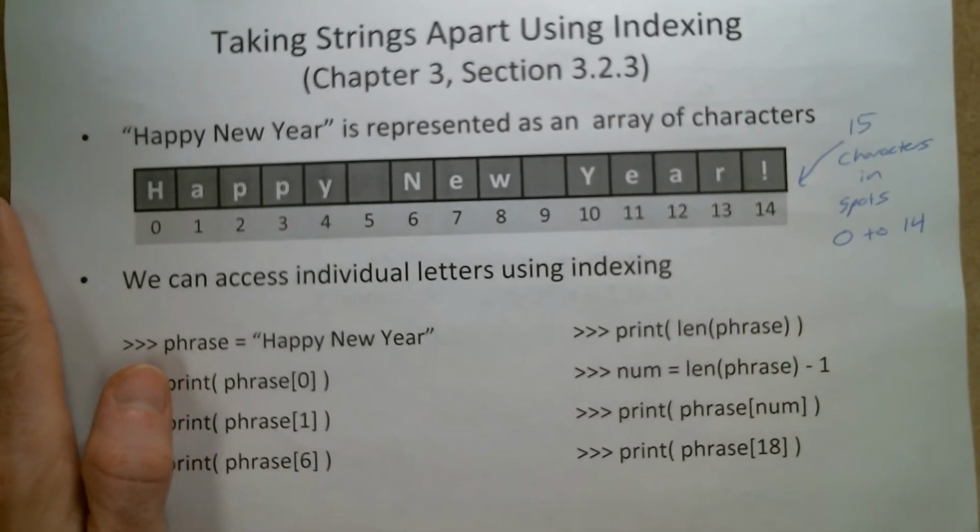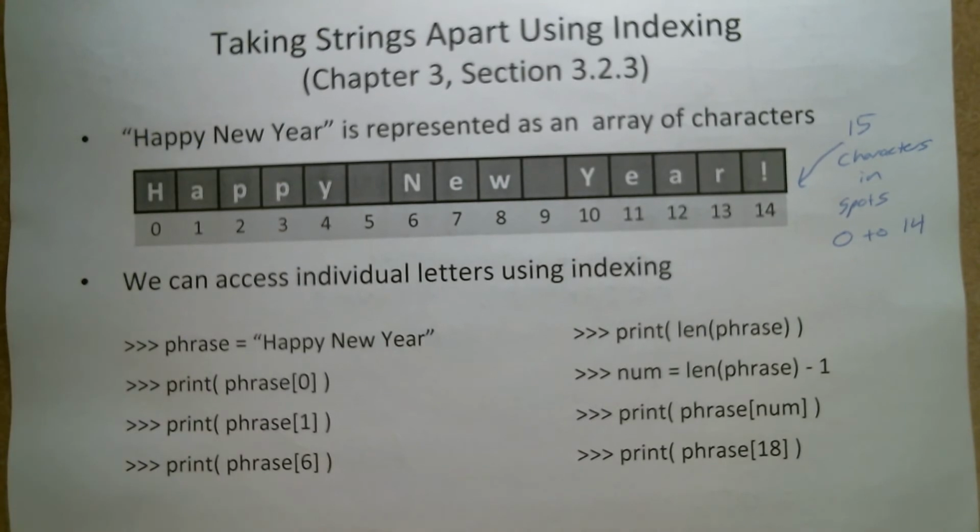We saw this same sort of thing with pictures. If a picture was 100 pixels wide, those pixels were in spots 0 to 99. Same exact idea with strings. If the string is 15 characters long, they are in spots 0 to 14.